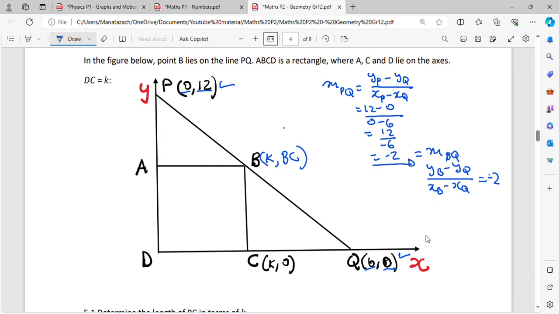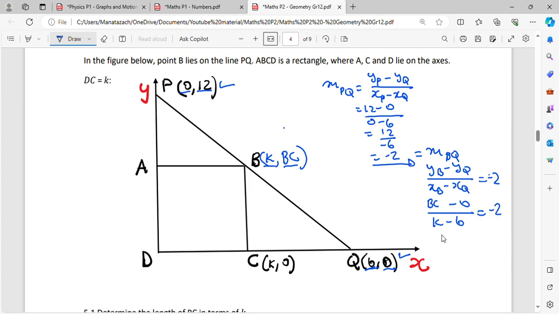Y at B will be BC, so we'll say BC minus 0, and then x at B will be K, so K minus 6, is equal to minus 2.